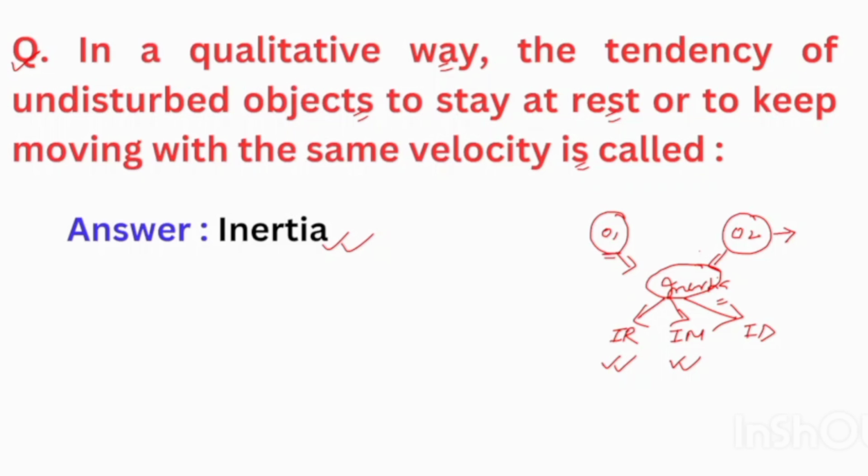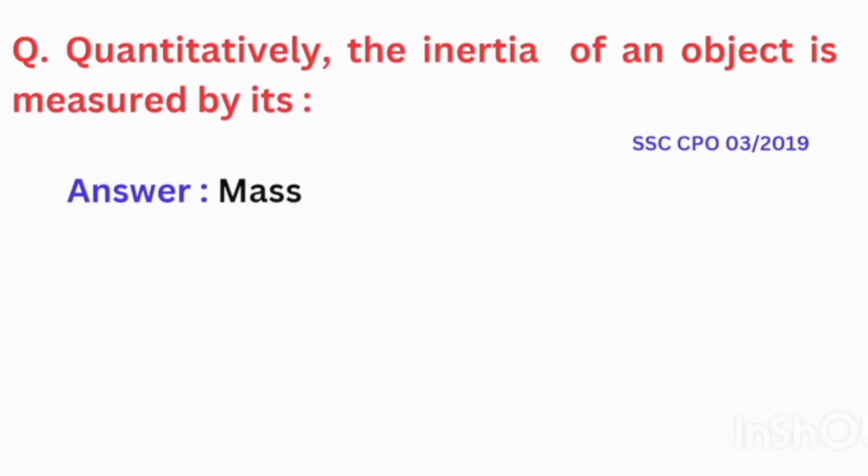And what is inertia of direction? In inertia of direction, objects moving in a straight line want to continue to move along the same direction. So now we understood what is inertia and what are the three important parts of inertia: inertia of rest, inertia of motion, and inertia of direction. Understood? Let's move on to next question.